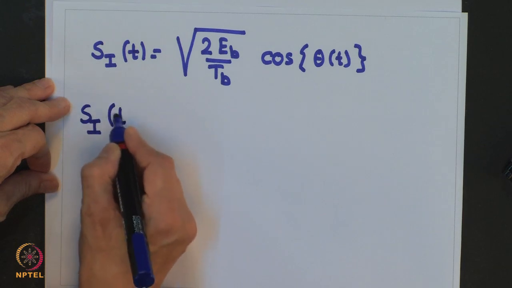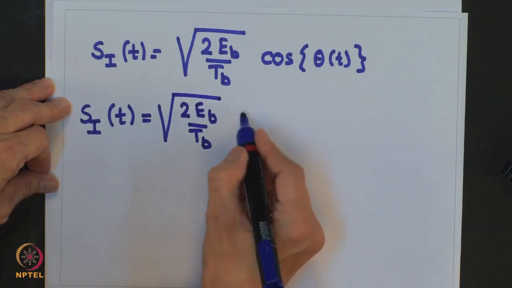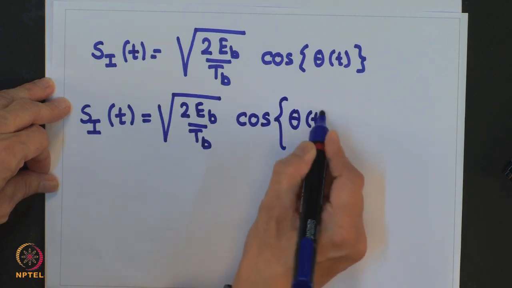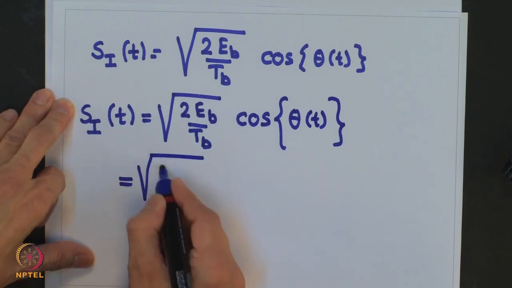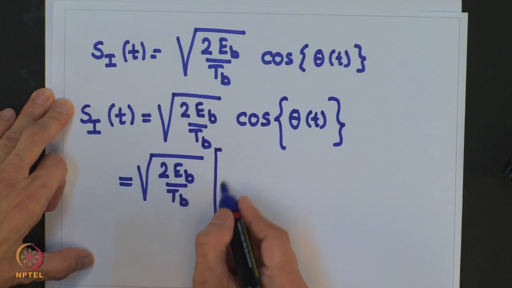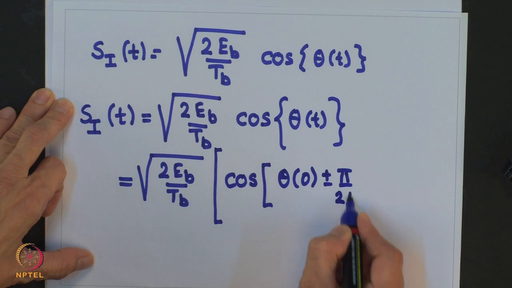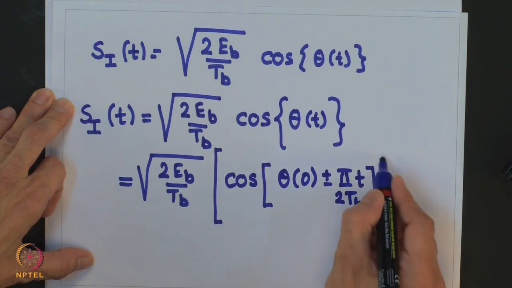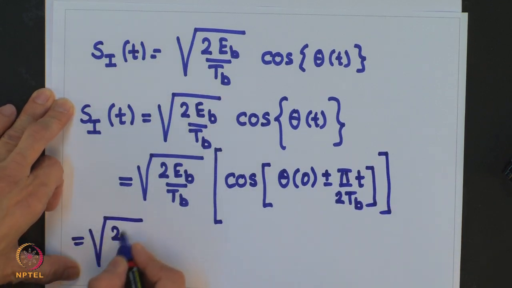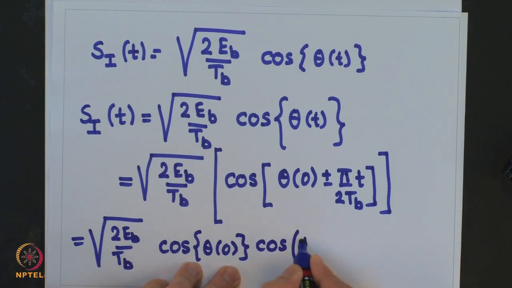Let us evaluate that pulse. So, this I can write as cos of theta(0) plus minus pi by 2Tb t, which I can rewrite as cos theta(0) cos of plus minus pi t by 2Tb, first term I will get.